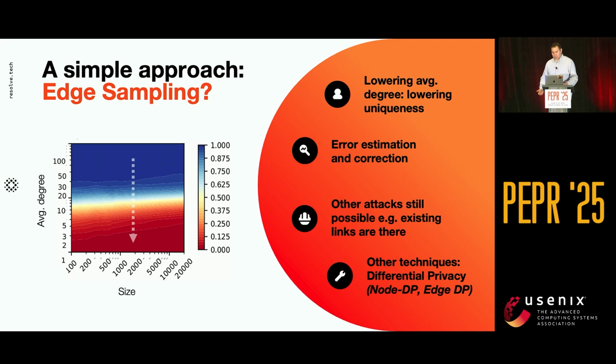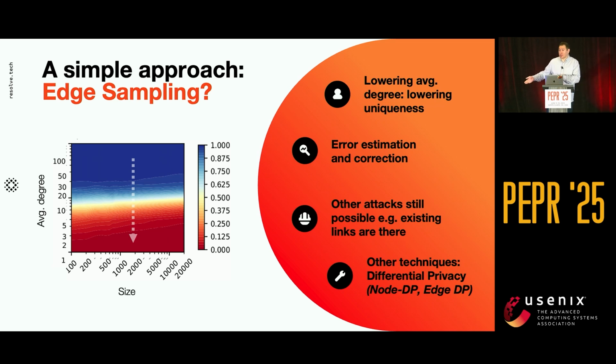Well, we can do different things, but a very simple approach could be simply uniform edge sampling. You sample the edges and you lower the average degree, because you lower the amount of connections on average. Lowering the average degree, you lower the uniqueness, and since it's a uniform sampling, it allows for error estimation and correction.